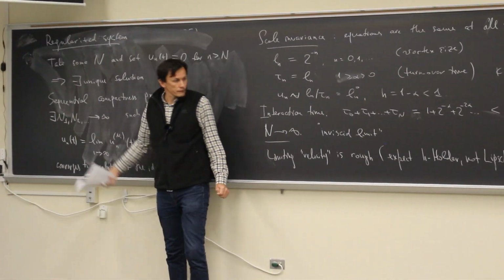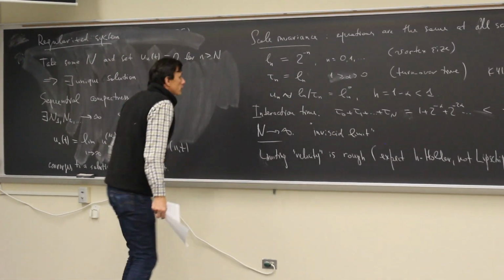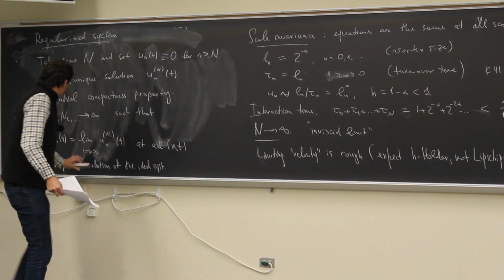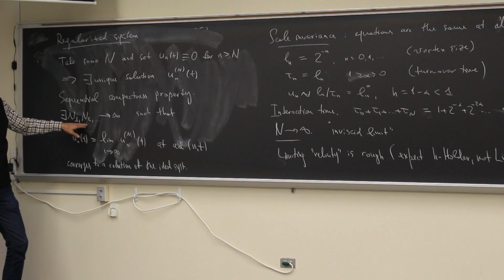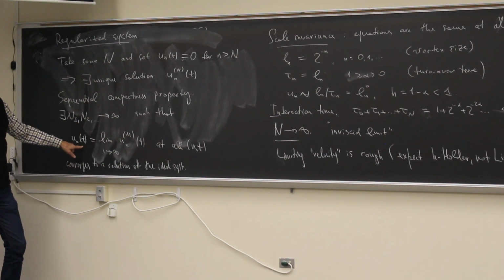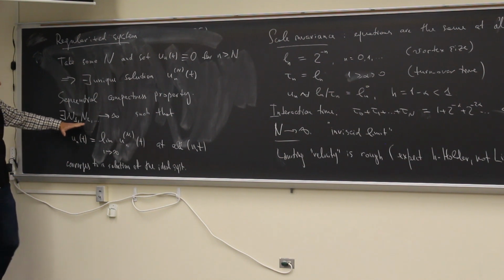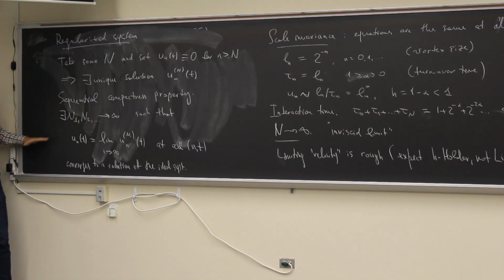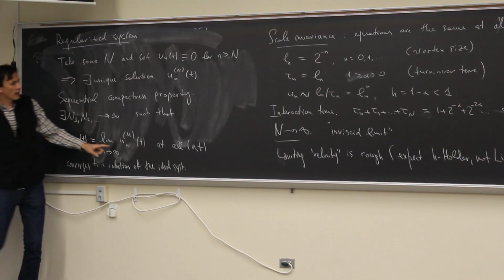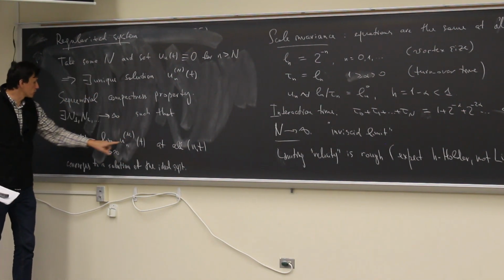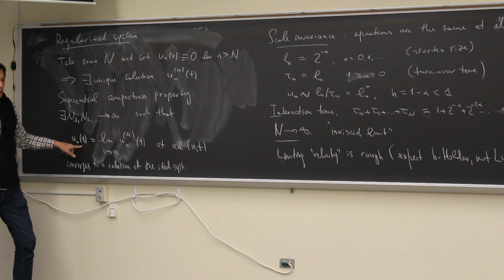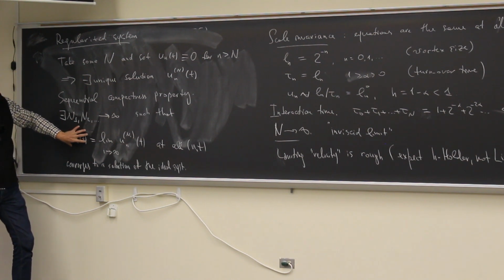You guarantee that there are sequences which converge, for which this limit exists everywhere. So you can take a sequence of cutoffs so that at every point the regularized solution converges, and the object which you get in the limit solves the problem.